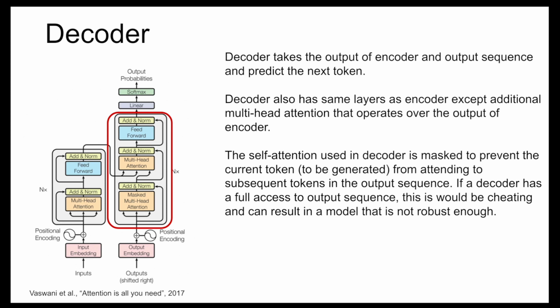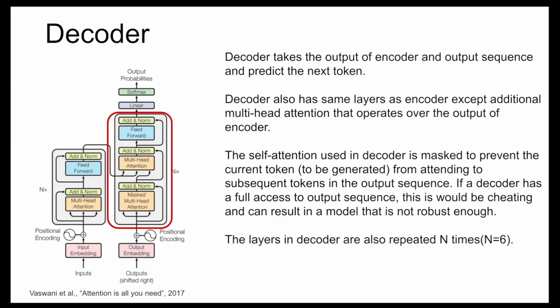If the decoder had full access to the whole output sequence, this would be cheating, and it would result in a model that is not robust enough, or whose generalization is not good enough.